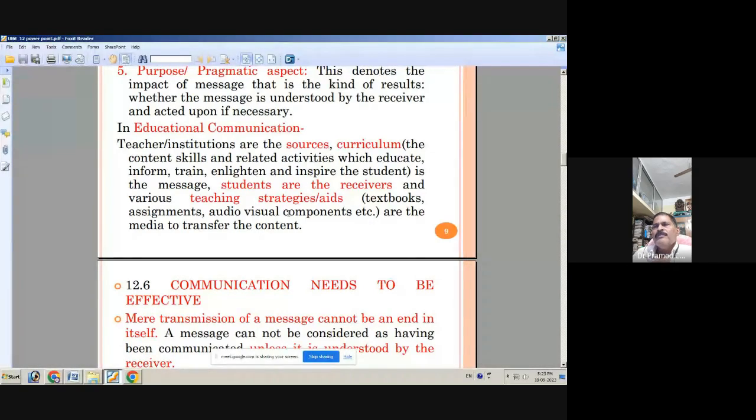So we can say that while teaching, the teacher must use various teaching strategies. The teacher must use different types of teaching aids for better communication. Textbooks are there. Try to provide certain assignments. Audiovisual teaching aids are there also. And if the teacher can use them, the communication will be better.